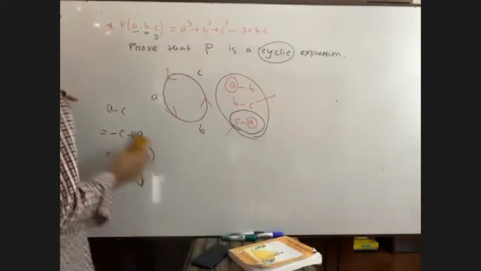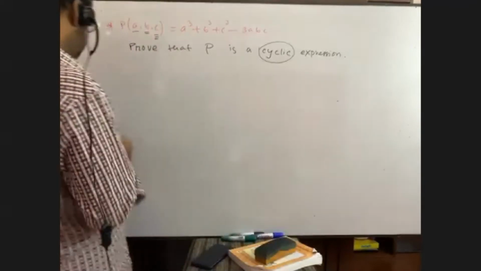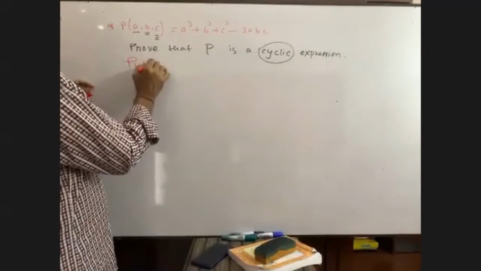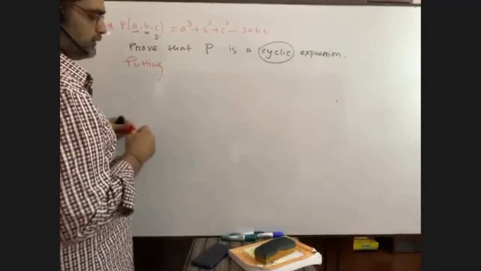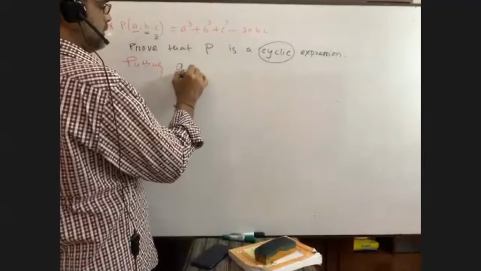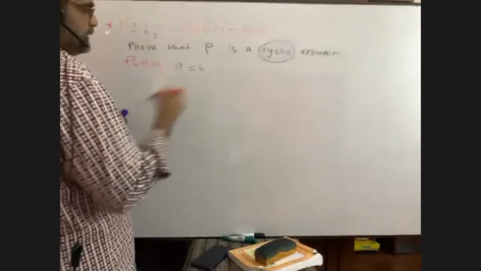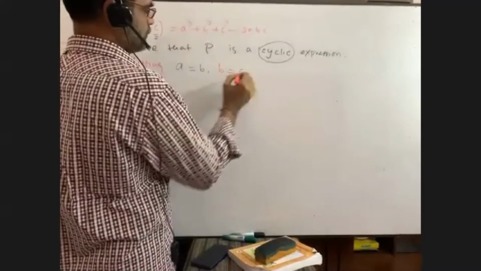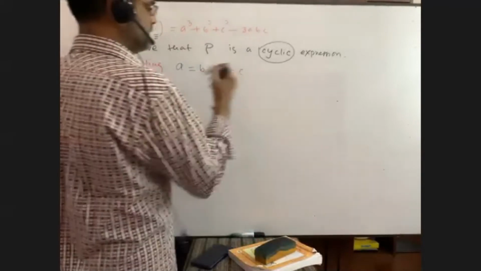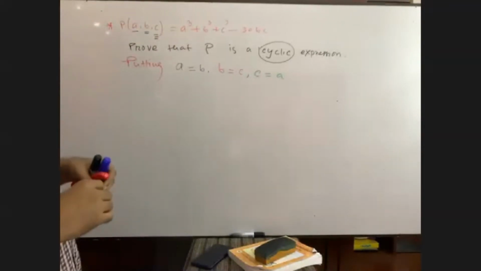So what is a cyclic expression? Let me help you understand. Write down: putting A equals B, putting B equals C, and putting C equals A. You understand?